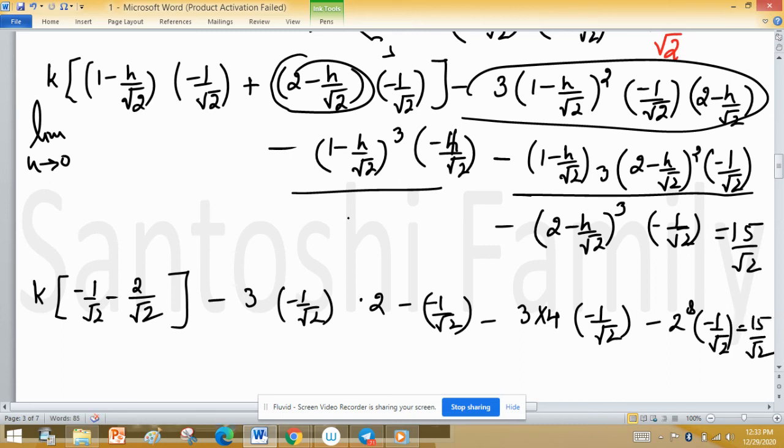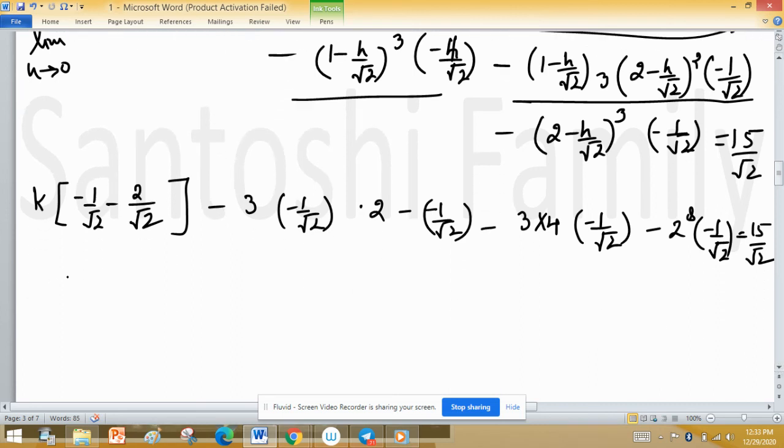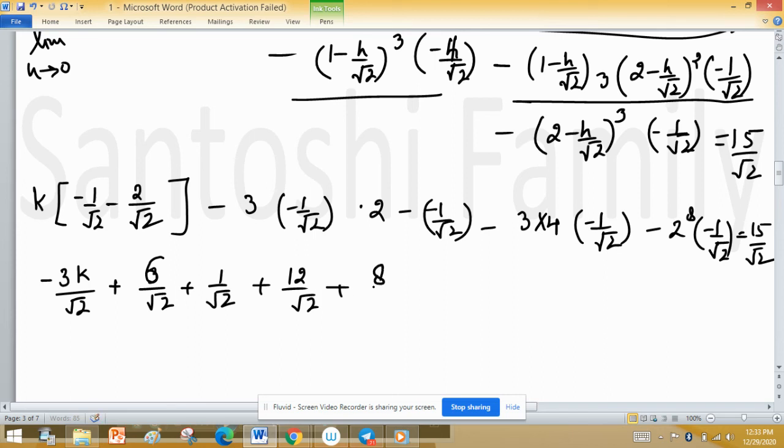Now this is the calculation part, you can do it better. It is minus 3k upon root 2, minus turns to positive 3 upon root 2, and 3 times 2 is 6. So directly use 6 plus 1 upon root 2, 3 times 4 is 12 plus 12 upon root 2, and plus 8 upon root 2 is equal to 15 upon root 2.